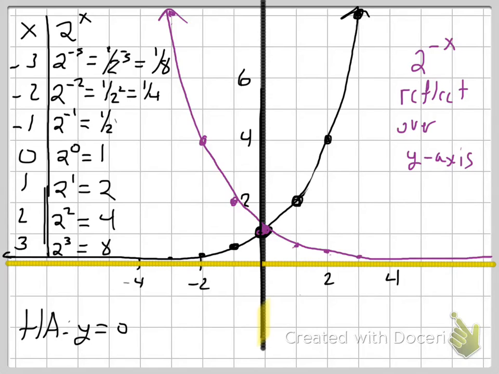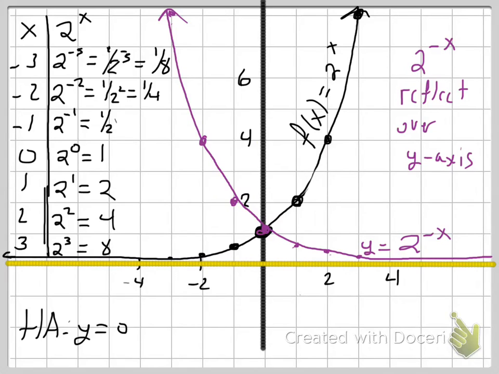Let me highlight it as our mirror. So then we have folks looking at each other in the mirror, and that'll help us with that reflection. So if you have a negative x in the argument of a function, that's going to reflect it over the y-axis. Okay? And go ahead and label our graphs too. Alright?